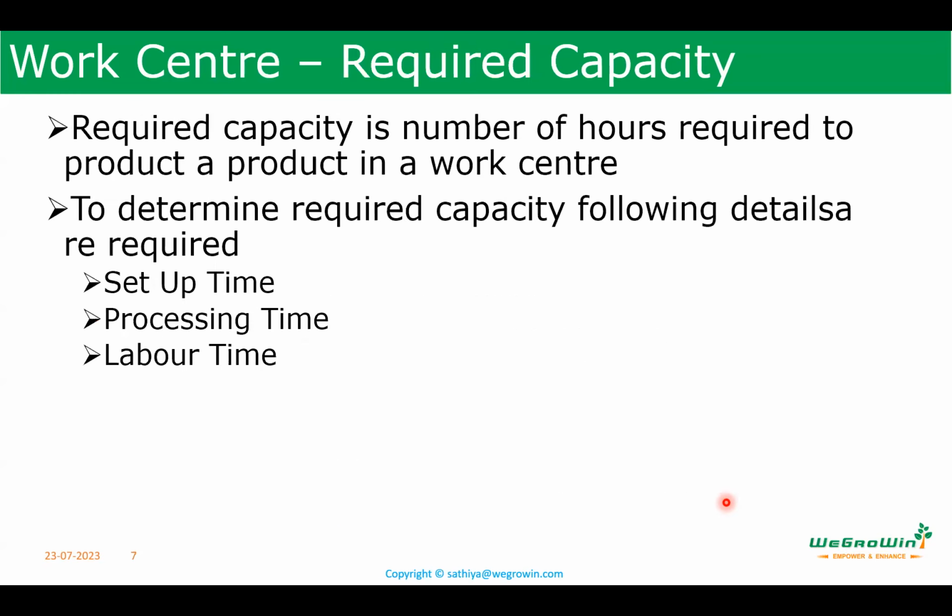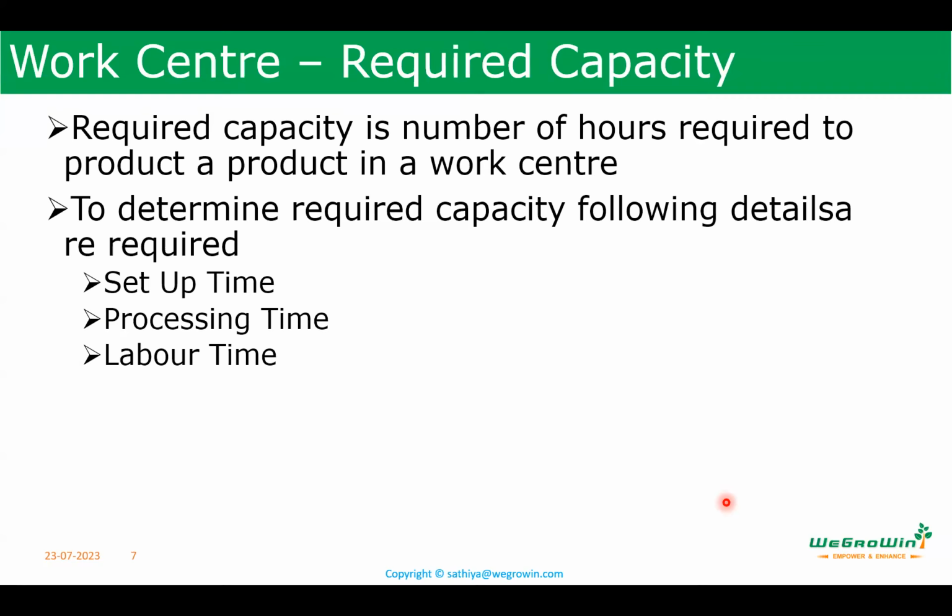Yes, sir. So the required capacity is the number of hours required to produce a product. That is available capacity. Now we go for required capacity. Where is it coming from? From the routing of the product.